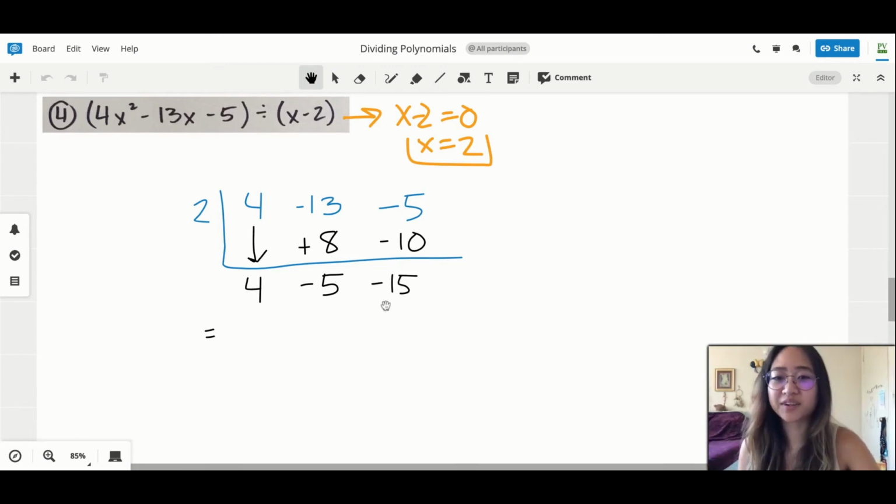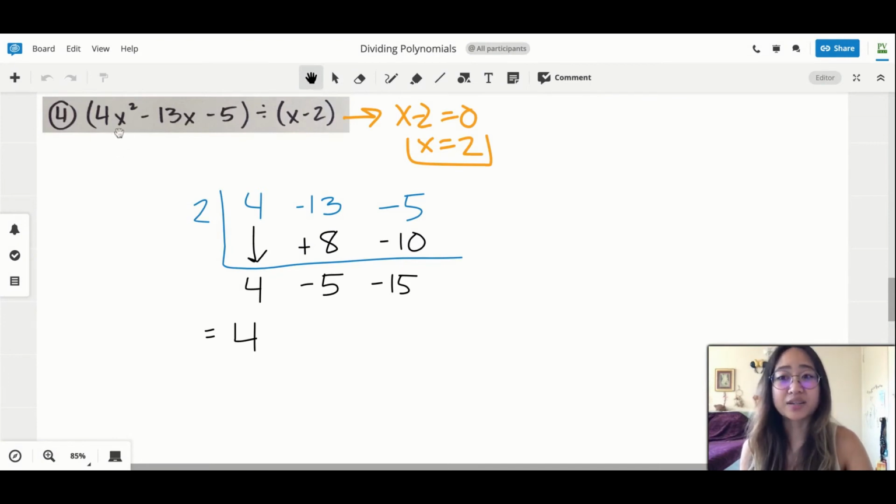When we have all of our numbers at the bottom of our synthetic division bar, though, we're not done because we know our answer has to be a polynomial. So what we do to get our answer is we use these numbers as the new coefficients for our answer. So our first term will have a 4, and we can determine what degree it needs to be by just taking 1 degree less than the one that we started off with.